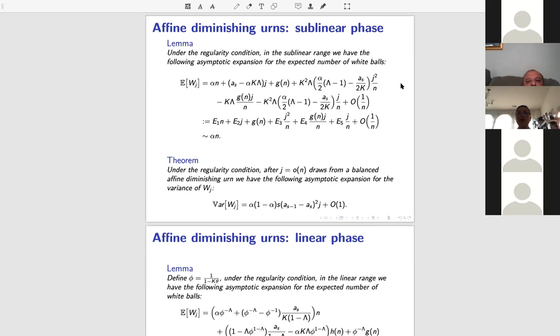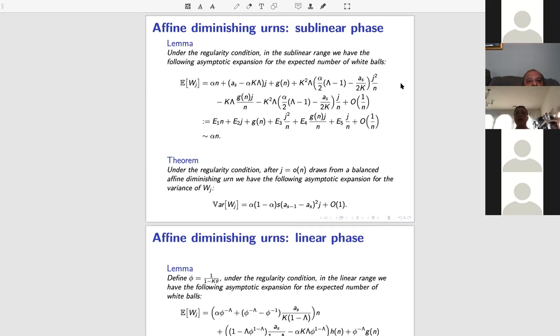This is very intuitive: if the number of draws is of lower order compared to n, then the number of balls deleted from the population is negligible compared to the very large number that we start with.